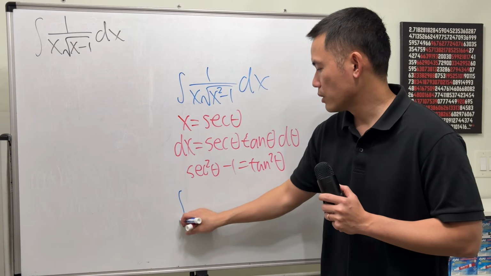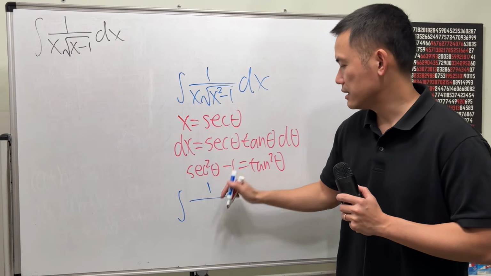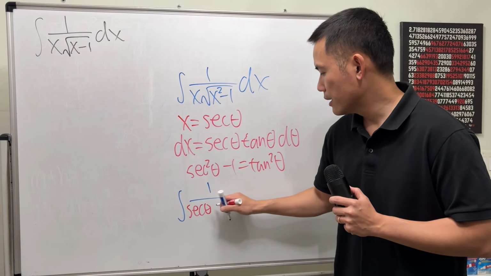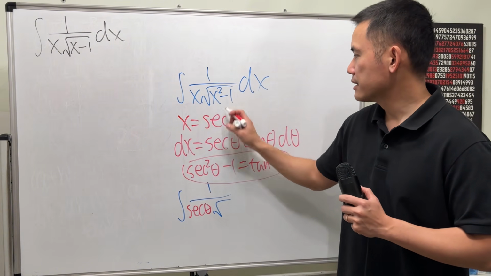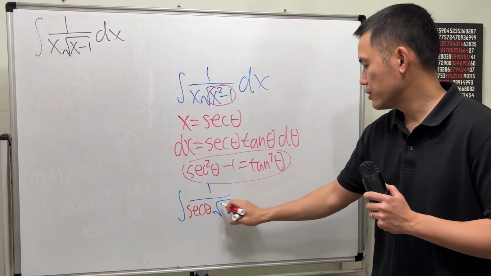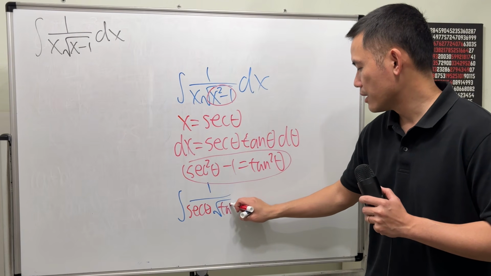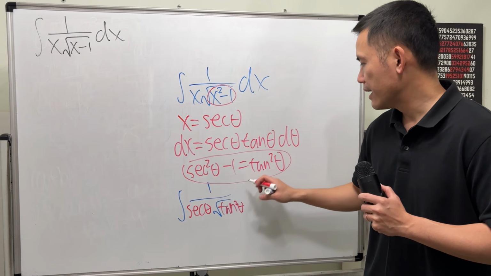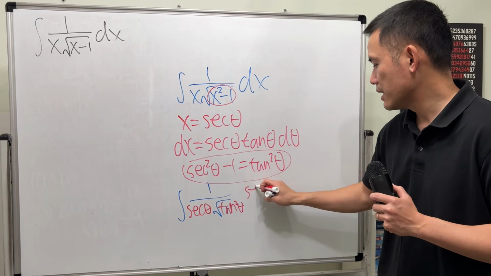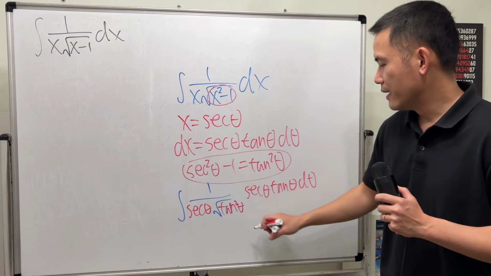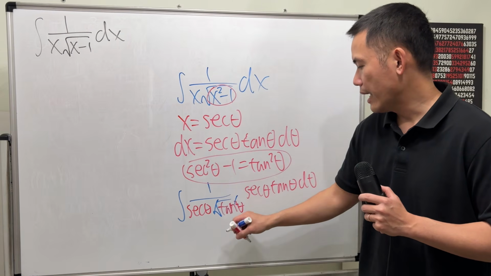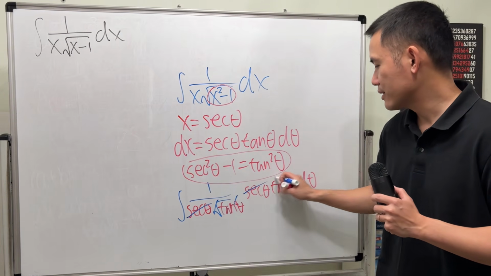And you will get the integral 1 over x, which is secant theta, times the square root. If you put this inside here, you just get tangent squared theta. And dx is all that, so secant theta tangent theta d theta. In fact, this and that cancel, and you see secant theta and that cancel.